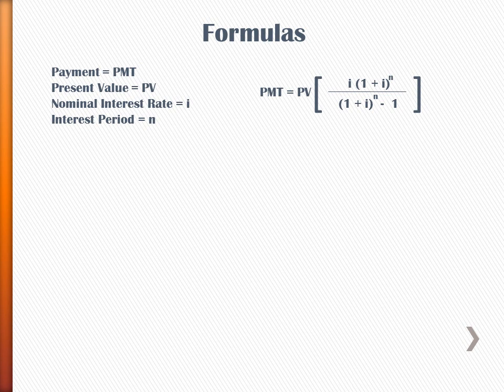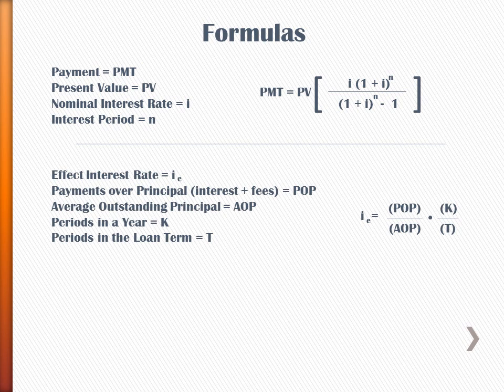In this slide, you will see formulas that can help you in calculating annual effective interest rates. In this formula, PMT represents payment. Present value is represented by PV. The nominal interest rate is represented by I, and the interest period is represented by N. In this next formula, effective interest rate is represented by IE.